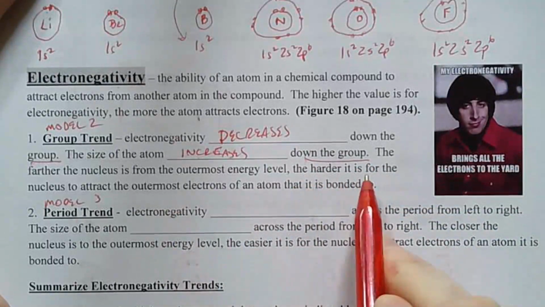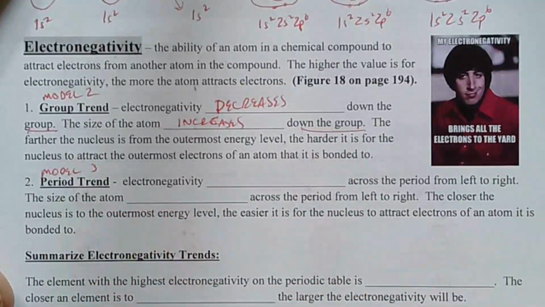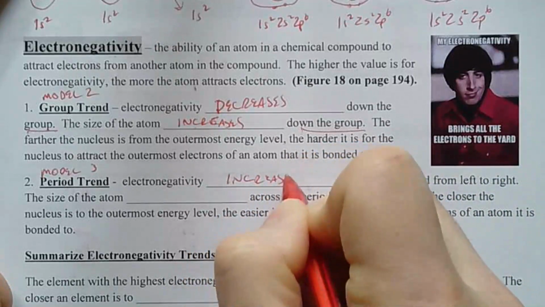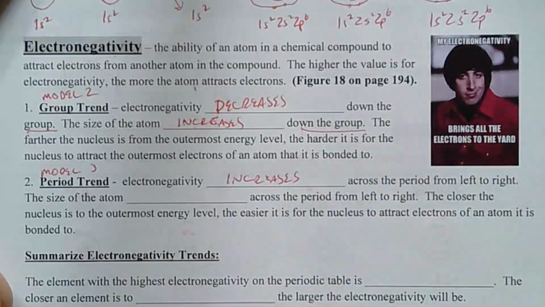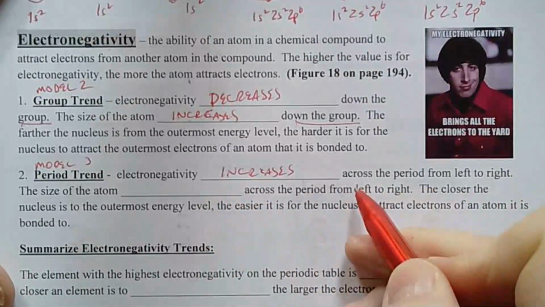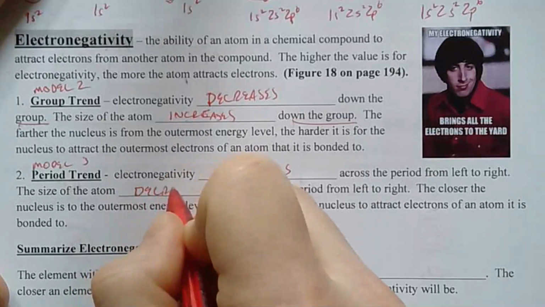Likewise, as you go across a period, electronegativity is going to increase. Again, the force of attraction between the nucleus and its outermost electrons increases as you go across a period. The size of the atom decreases.